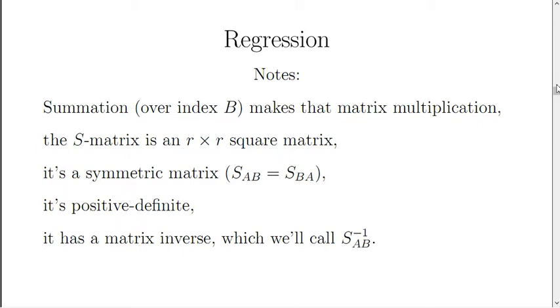Another thing to be aware of is that the S matrix is positive definite. That's the case when all of the trial vectors are reasonably well behaved. Sometimes they're not, if you make a poor choice of trial vectors. For instance, if I chose a trial vector which was 0 everywhere, then the only influence it can have on my model is nothing.